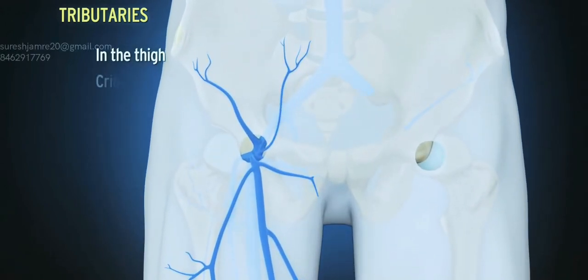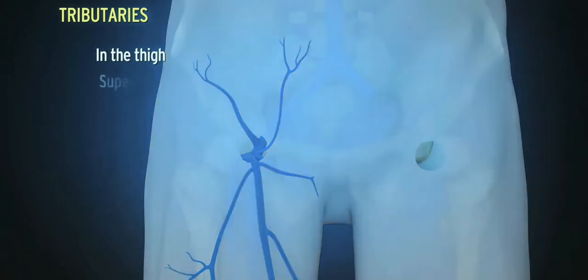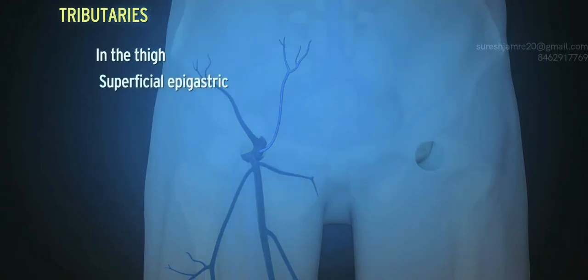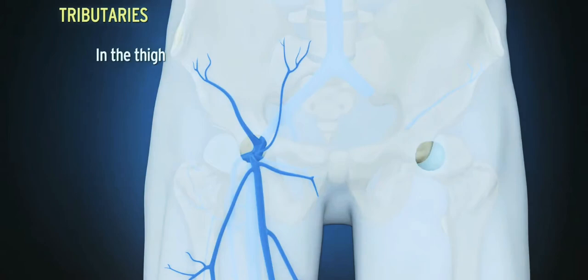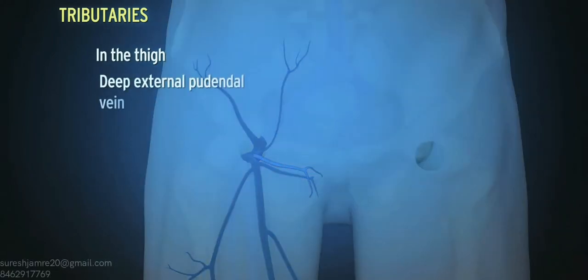Before piercing the cribriform fascia, the great saphenous vein receives superficial epigastric, superficial circumflex iliac, superficial external pudendal. Just before termination, deep external pudendal vein.